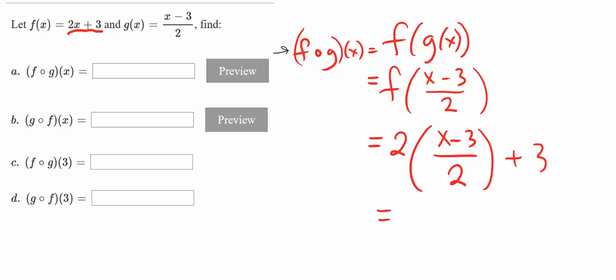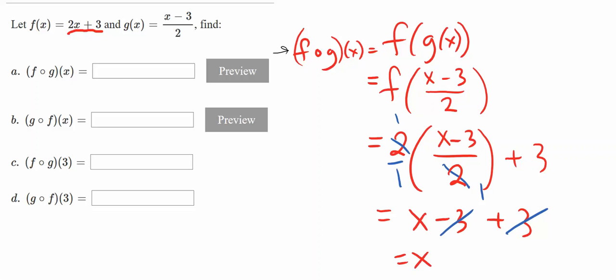Okay, so the first thing that comes out is this really weird, interesting thing: the 2's cancel. And if that's the case, then we have this left over, but then of course the 3's cancel. And so the answer is just x right there.